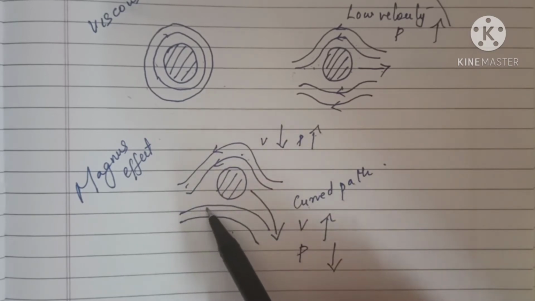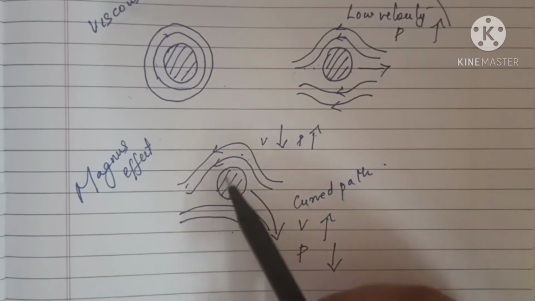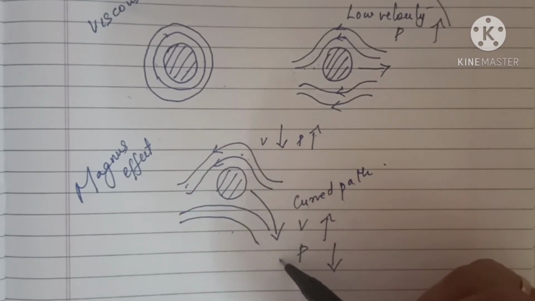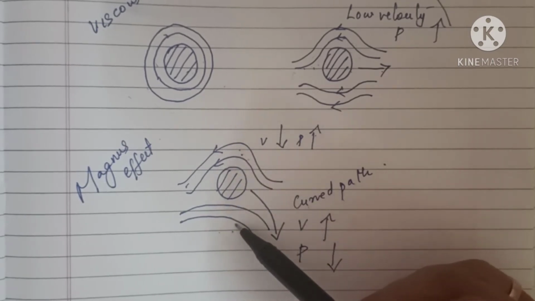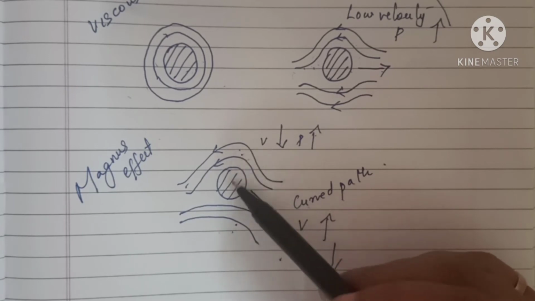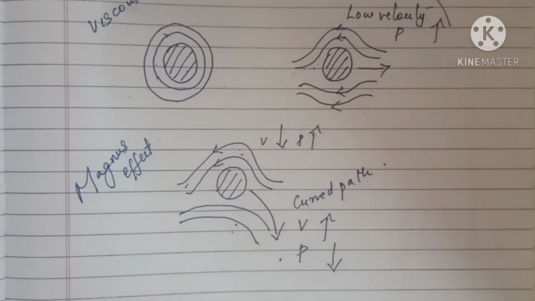So here there will be a flow along with the ball. So there is a change in pressure, and because of the pressure, it will follow a curved path, because here the pressure is more and here it is less. So there is a downward force acting on the ball so that the ball follows a curved path, and this effect is known as the Magnus effect. Clear?